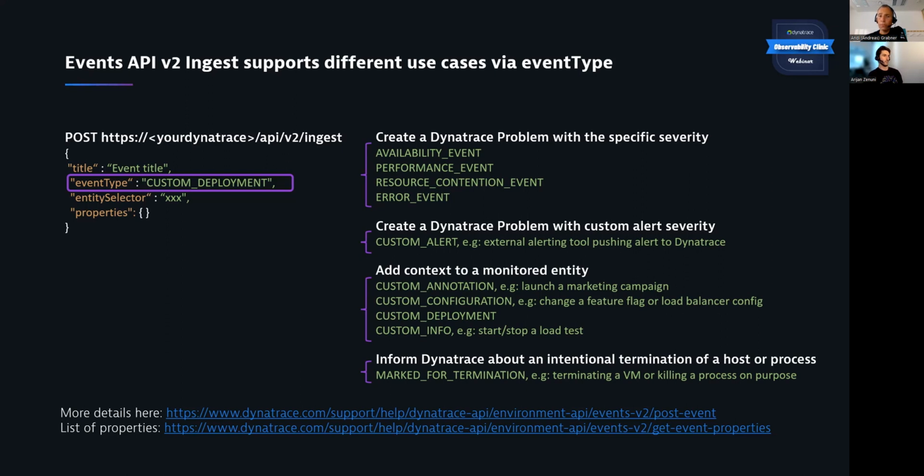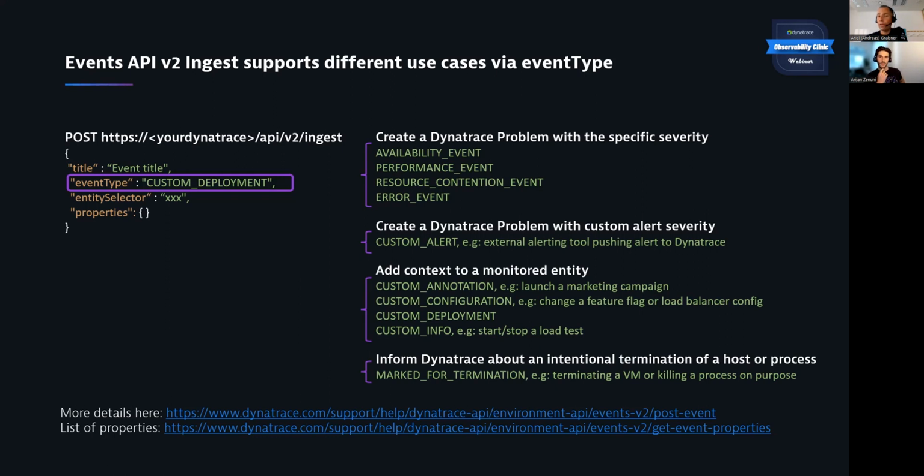So on the right side, you can see there's availability, performance, resource contention, and error events. The reason why these events are there is so that you can, from an external tool that detects availability or performance events, think about a load testing tool. If a load testing tool identifies a performance problem from the outside, you can send this into Dynatrace and let Dynatrace open up a problem ticket.